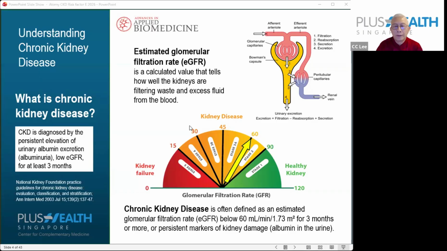If your eGFR is 30 to 45, it is considered stage 3B, and so on until there is a stage whereby we consider end-stage kidney disease, and very often it is considered kidney failure. At this stage your filtration rate, eGFR, is lower than 15.